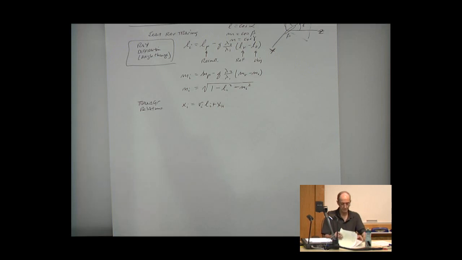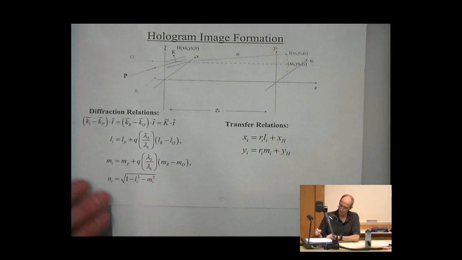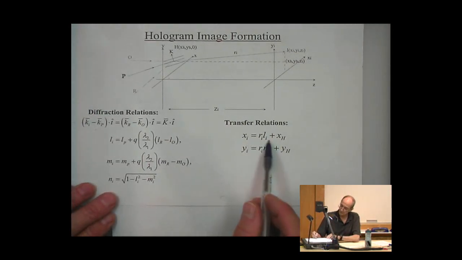So it's right here. We have xi is Ri Li plus xh.